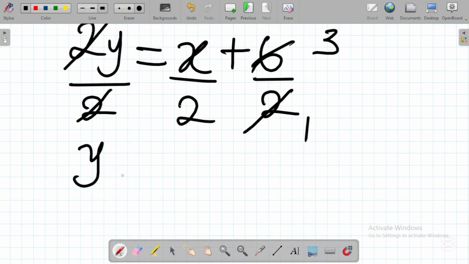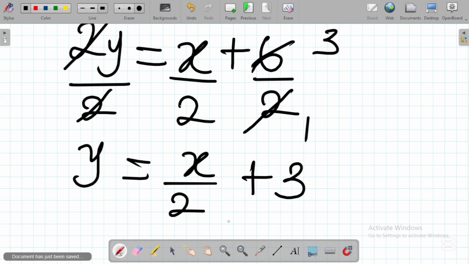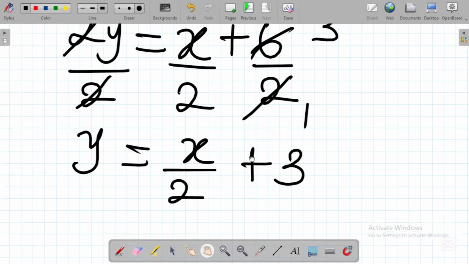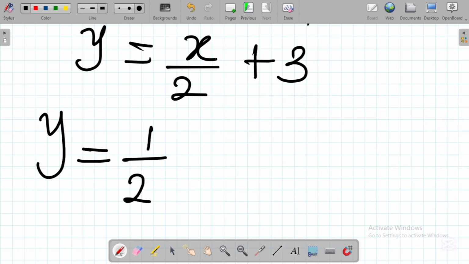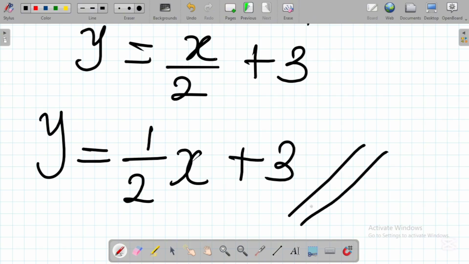So therefore y is equal to x over 2 plus 3. You can simplify further by writing y is equal to 1 over 2 multiplied by x and then plus 3. So this is the equation of the normal.